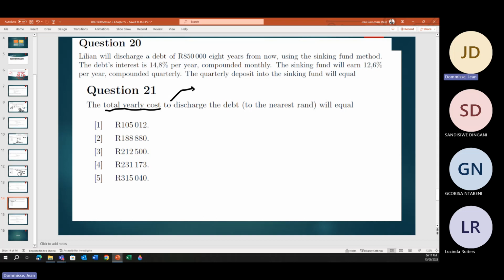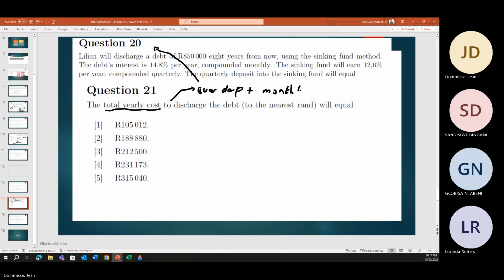The one is your quarterly deposits, which we actually worked out in question 20. And then the other component that we need to add to that is the monthly interest that we paid.